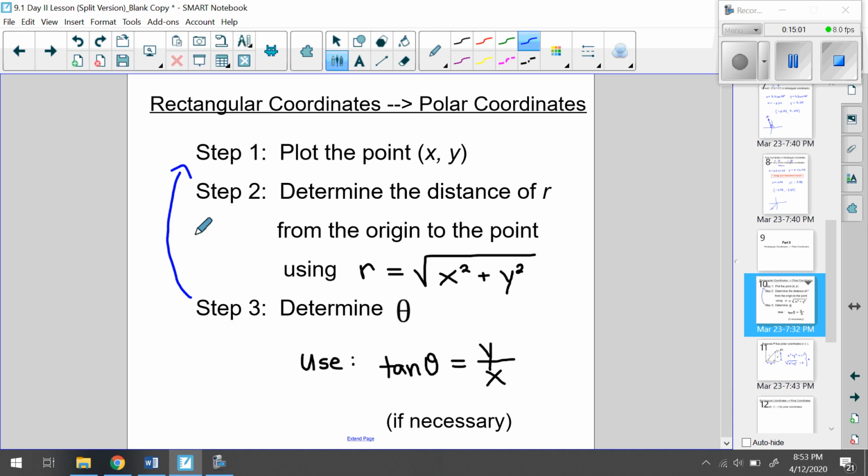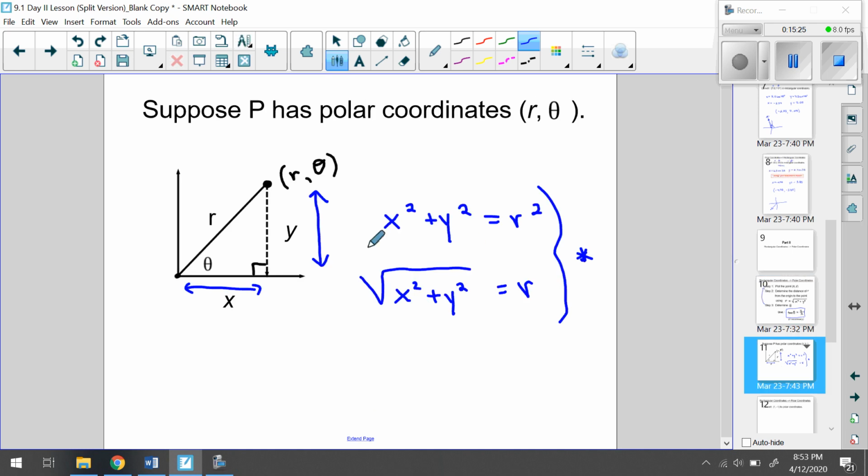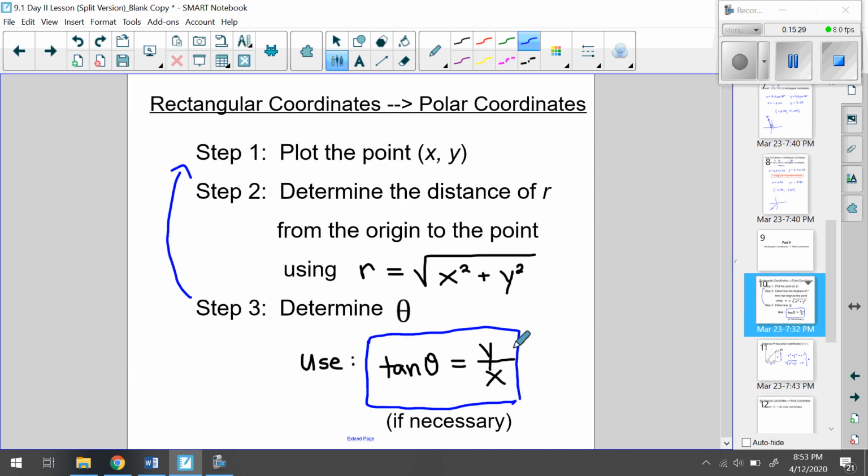If that's not the case, if the value is not a common value or a common location, then we can use this backup, which is tangent theta equals y over x. And that's a ratio we've been using for a long time now, the last several weeks or months even. Tangent is opposite over adjacent, or if we look at the triangle, the opposite will be y and the adjacent will be x, and so we can also call that y over x.